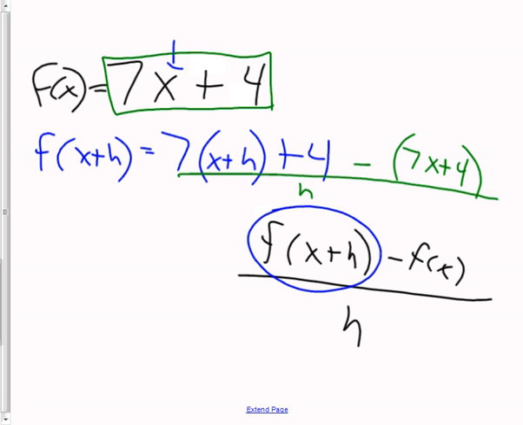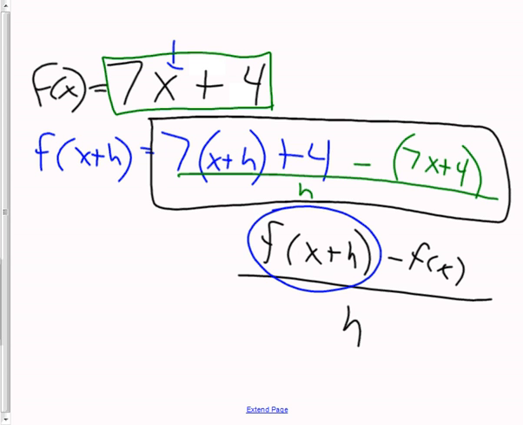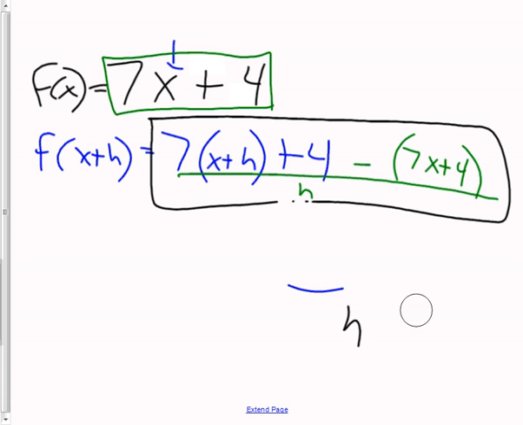Now, I want you to simplify this right here by distributing it out and simplifying by putting like terms together. And if you do it right, your answer will come out to a nice simple number like 4. Simplify what I have in the box right there.